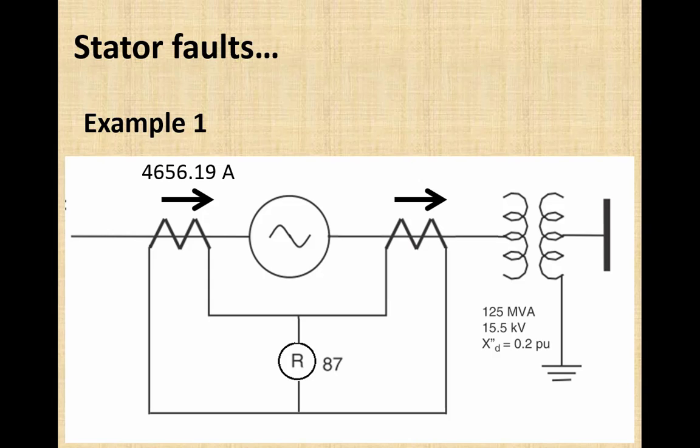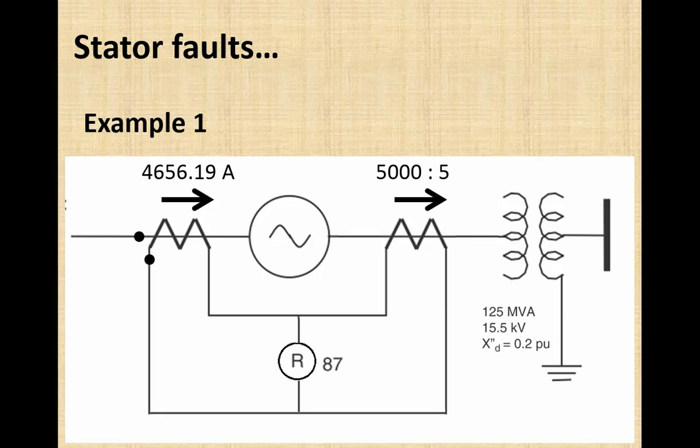Based upon this maximum rated current, we will calculate the CT ratio. The CT ratio must be selected in such a way that against this maximum current, the CT secondary current should not be more than 5 ampere. So the closest CT ratio is 5000 to 5. This is the CT that we have selected.